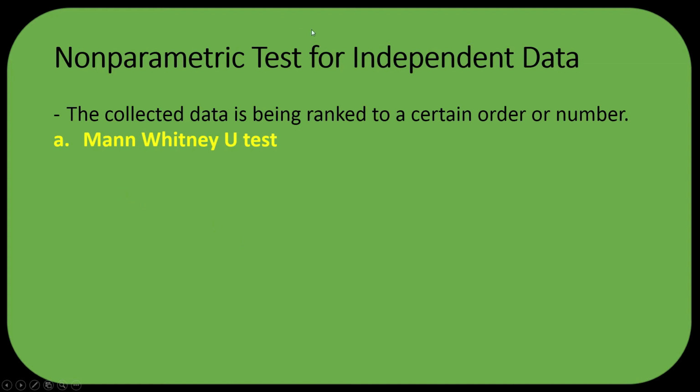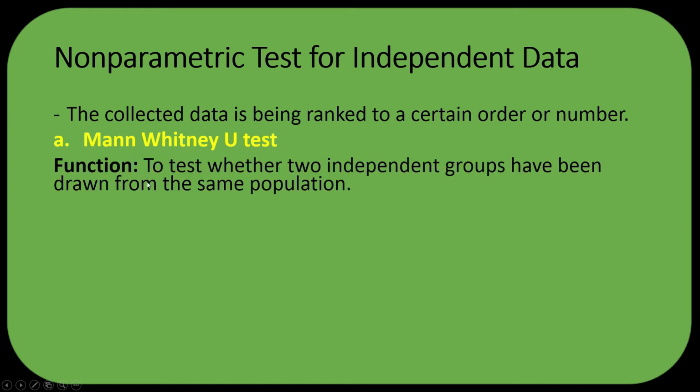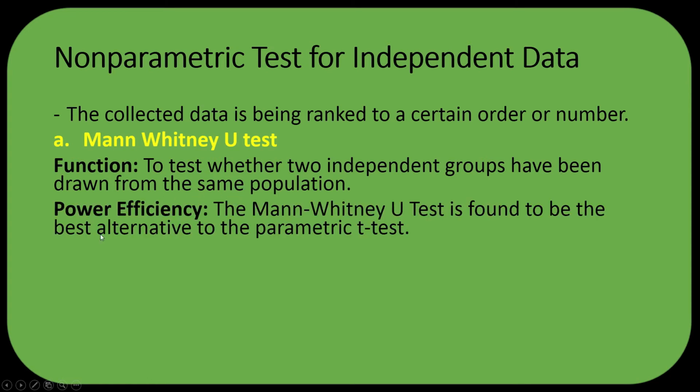For the nonparametric test for independent data, the collected data is ranked in a certain order or number. The Mann Whitney U Test functions to test whether two independent groups have been drawn from the same population. In terms of power efficiency, the Mann Whitney U Test is found to be the best alternative to the parametric t-test.